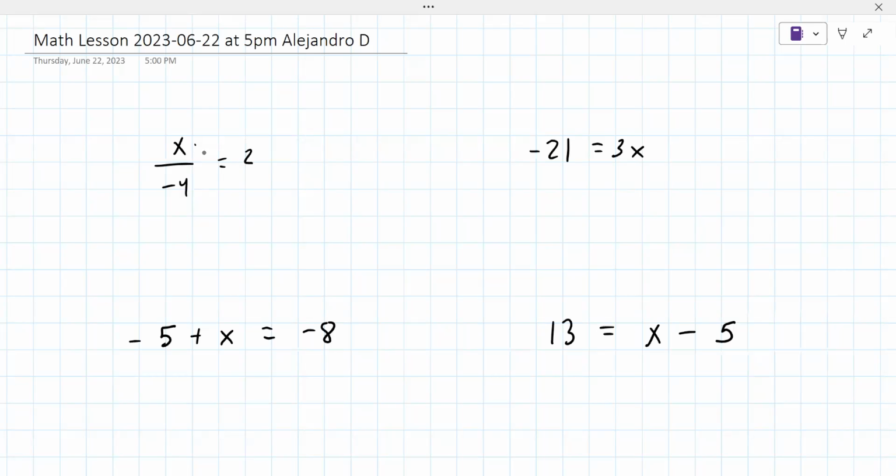The first one is x equals -8. Okay, keep going.